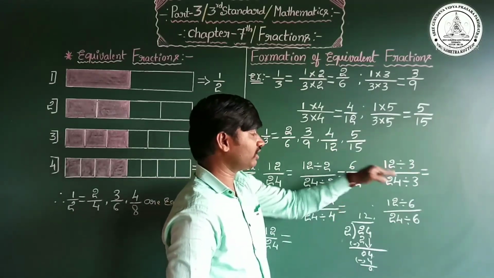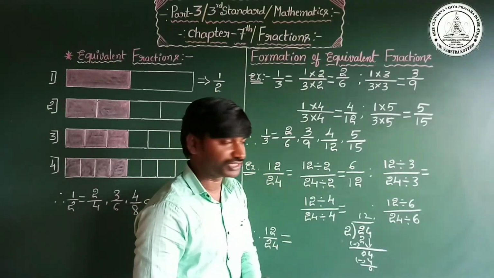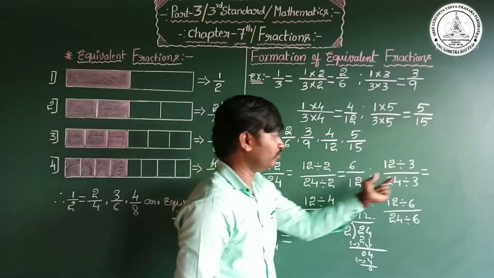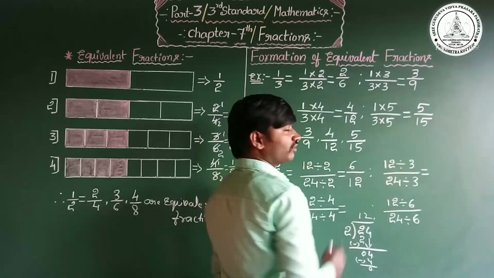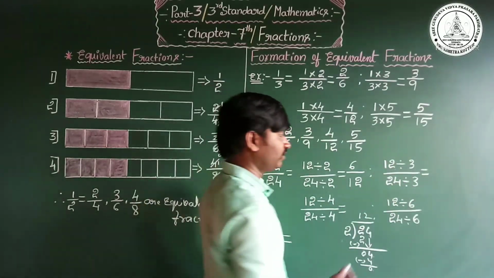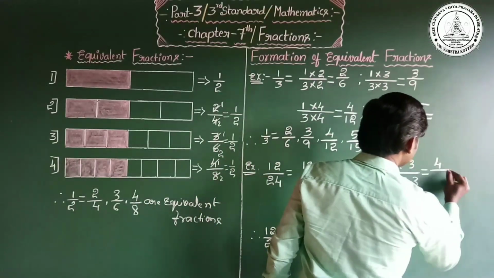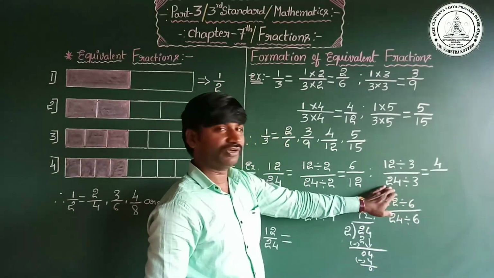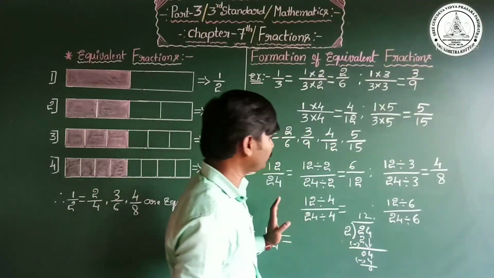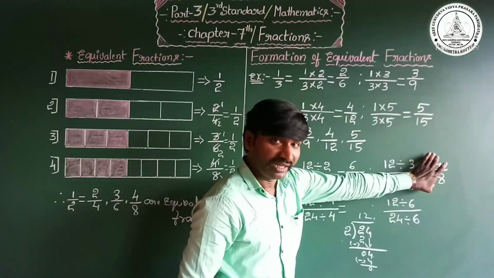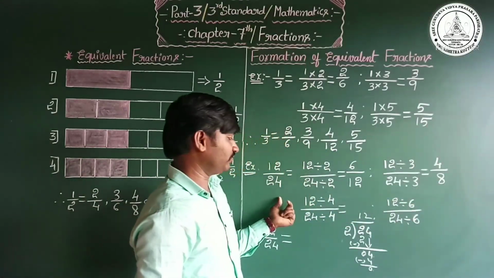The next equivalent fraction of 12 by 24: you divide by the next number, 3 by 3. 3 how much is 12? 3 fours are 12. 3 how much is 24? 3 eights are 24. This is one of the equivalent fractions of 12 by 24.